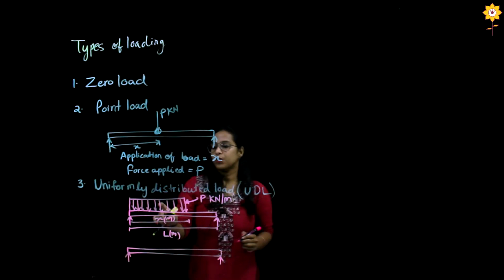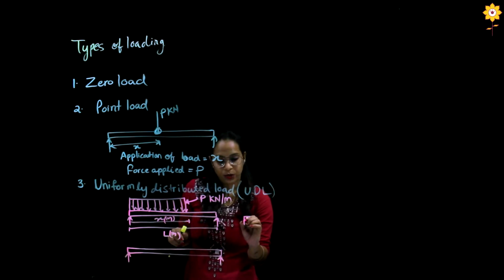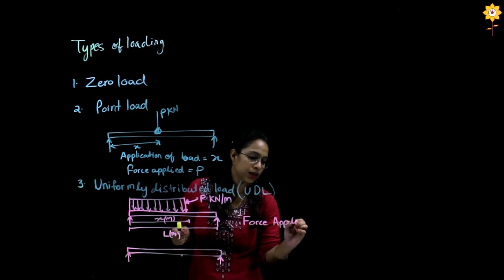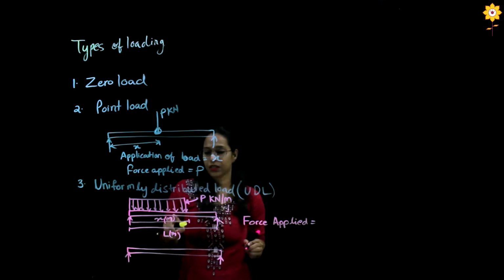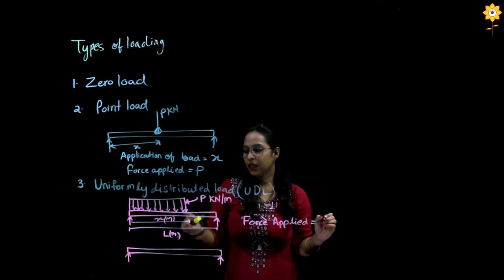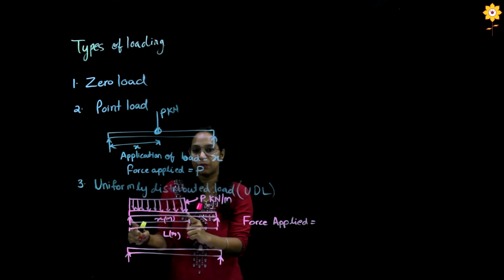To convert this we have a method. If I have to calculate how much force will be applied when this is converted into a point load, that would be P into the distance where the UDL is being placed.